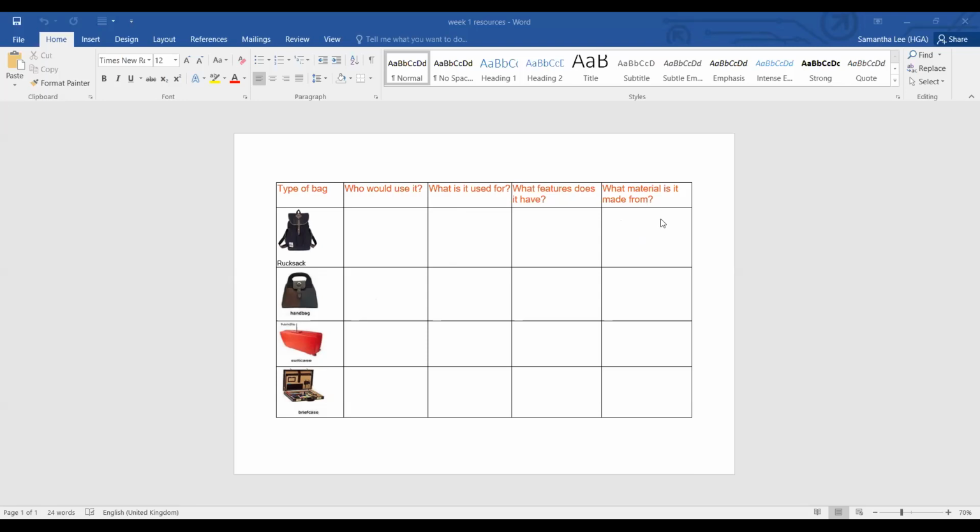So you might not just have one item listed here, you might have a couple. Okay, so if I stop sharing my screen there and I'll go back to the PowerPoint slide. So make sure you think carefully about your answers for that one and what you think you need to include.